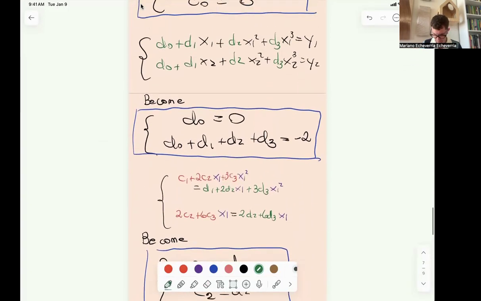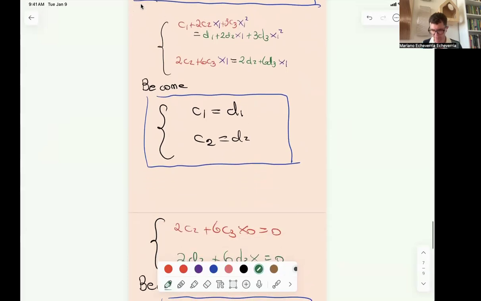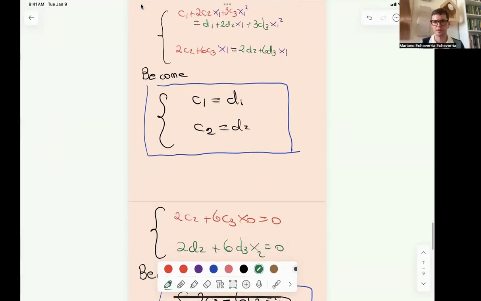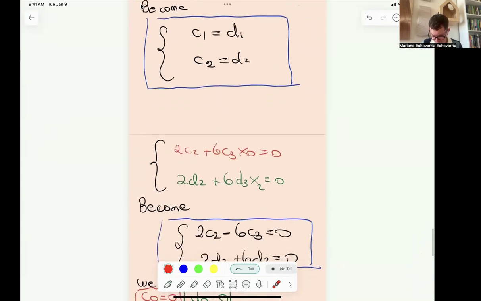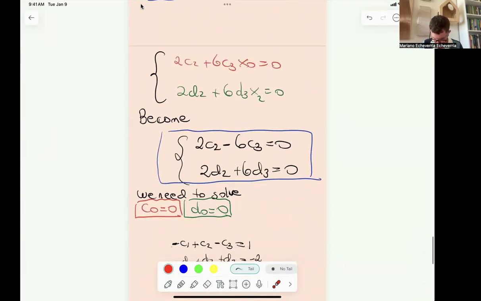These two are already simple enough. That will allow you to replace d1 and d2 in terms of c1, c2. So I'll use it that way. So d1 is c1.